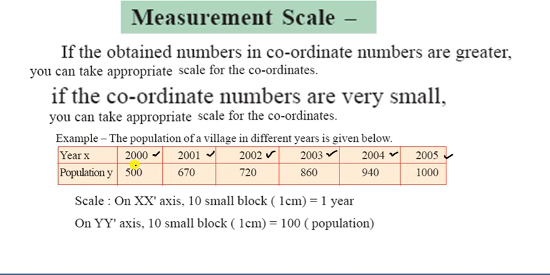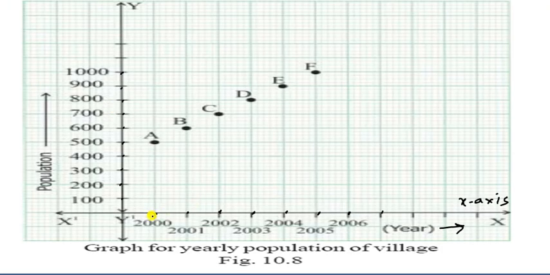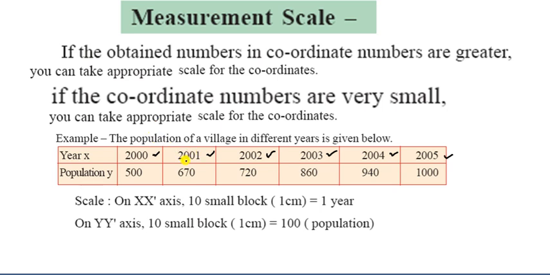Let us see how to represent these numbers on the graph paper. The first one is, in 2000 it is 500. Where is 2000? This one is 2000 and here is 500. So you have to write it like this, (2000, 500). It is the representation of point A.